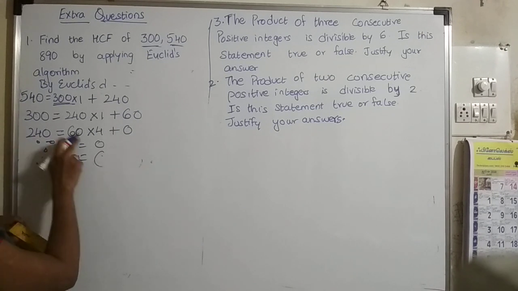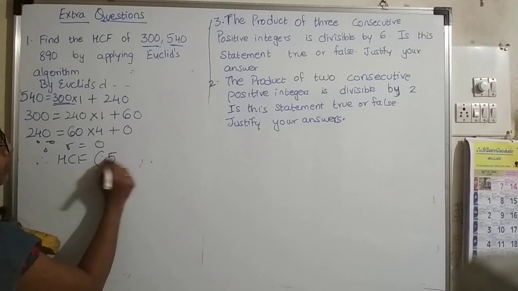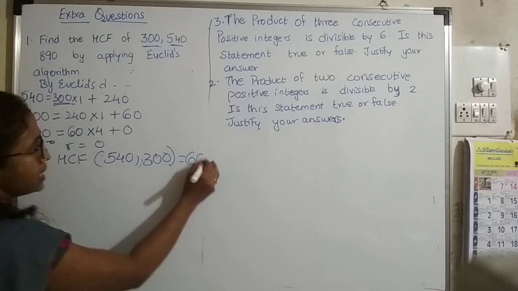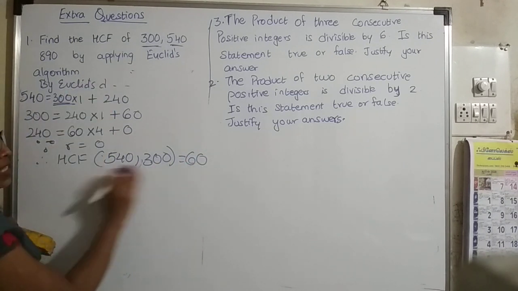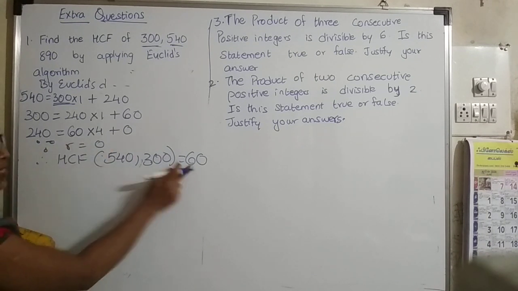So the HCF of 240 and 60 is 60. When we find the HCF of 540 and 300, the HCF of 300 and 240 is also 60, and the HCF of 240 and 60 is also 60.